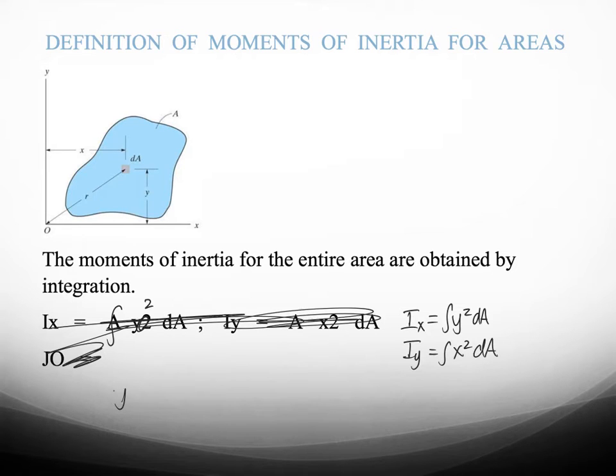And we had written J sub naught as r squared dA, but keep in mind that r squared is x squared plus y squared. And so it turns out that the moment of inertia about the z-axis could be given by Iy plus Ix.